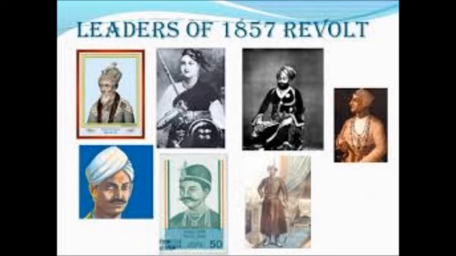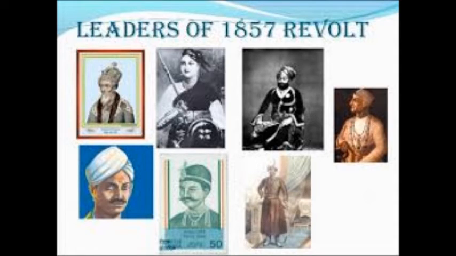Now, several people participated in the revolt, we all know, but there are certain famous personalities which you should remember for your MCQ purposes. For example, from Delhi, we had General Bhakt Khan. From Kanpur, Nana Sahib. From Lucknow, Begum Hazrat Mahal.